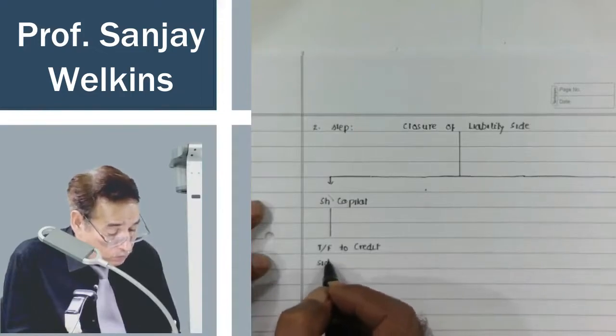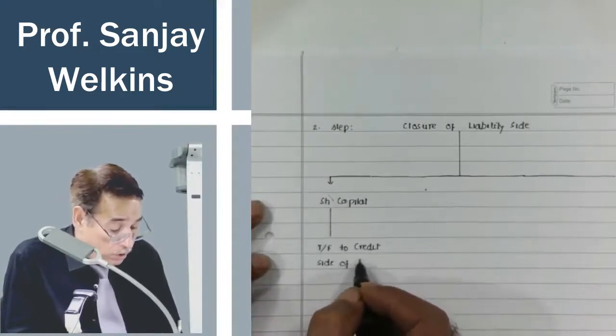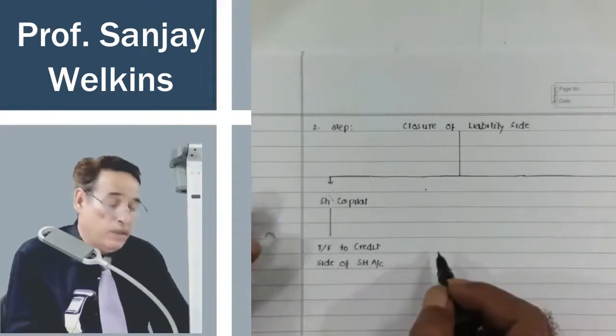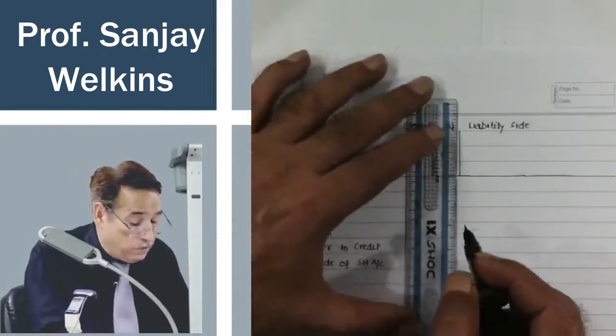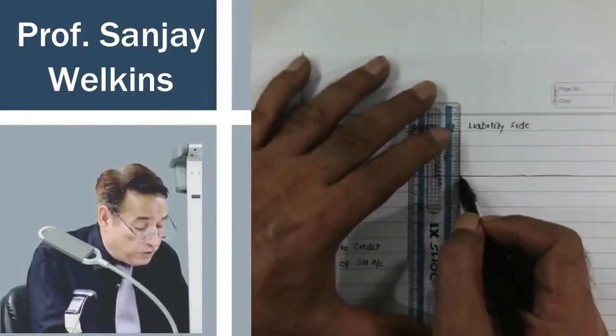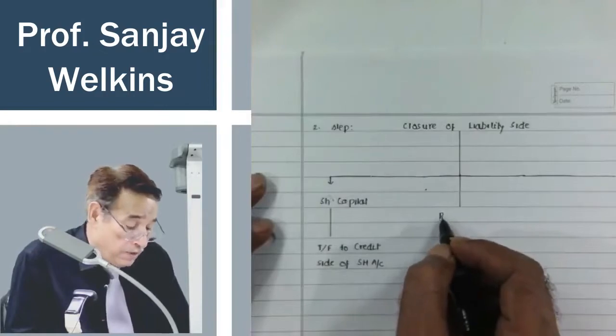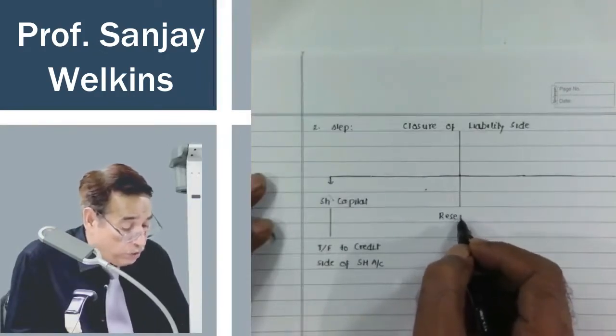So this way you are going to close your share capital. Besides that, you may have reserves in the liability side. Again, reserves shall not be taken over, quite obviously.